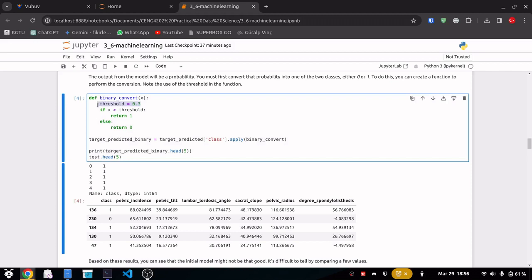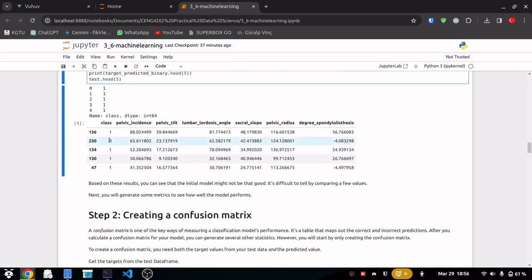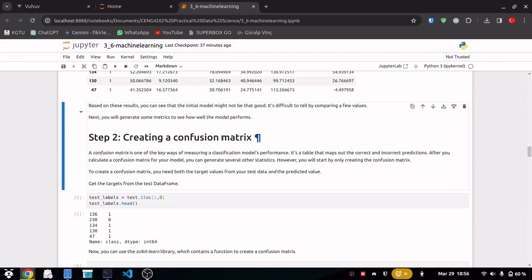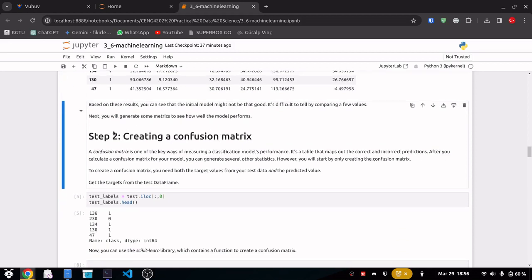So we have a threshold defined in here, and we are getting our data points as in here. Based on these values, you can see that the initial model might not be that good, and it's difficult to tell by comparing a few values. Next, you will generate some metrics to see how well the model performs.